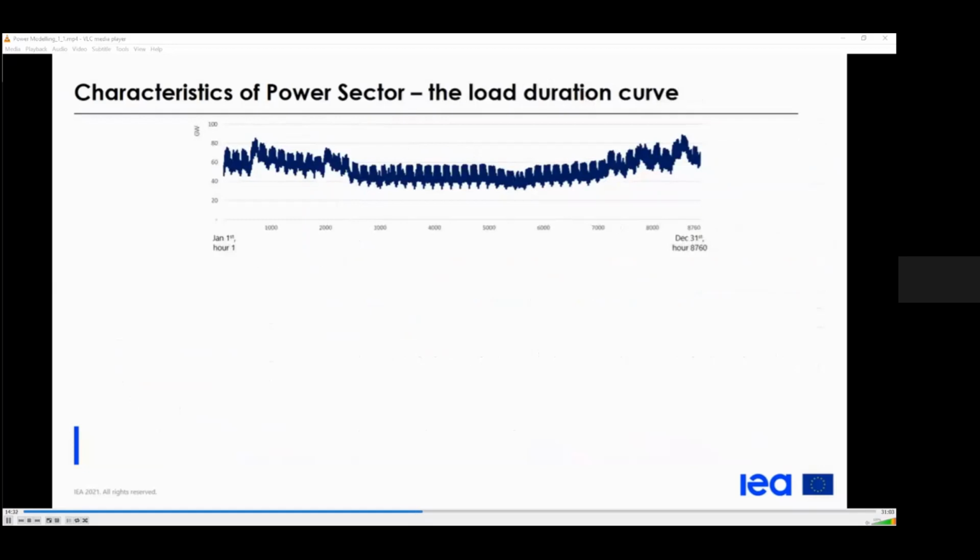So to model power supply, an hourly electricity model can be used. We have this kind of model here in the World Energy Outlook team for several regions: the United States, China, India, and European Union. But this is quite complex modeling, and it requires a lot of data and very powerful computing capabilities.